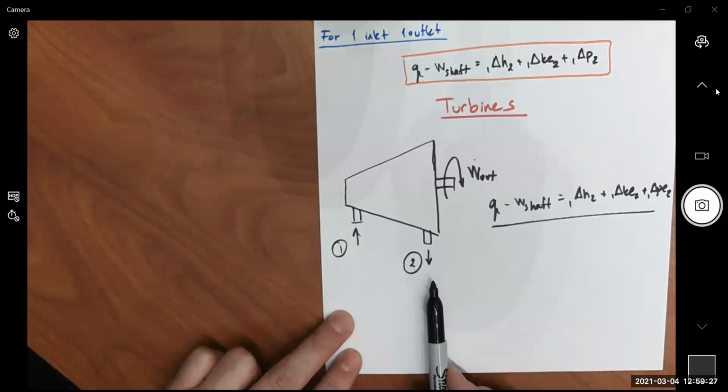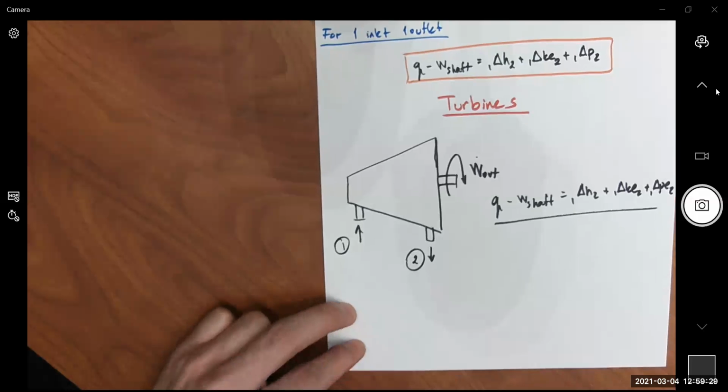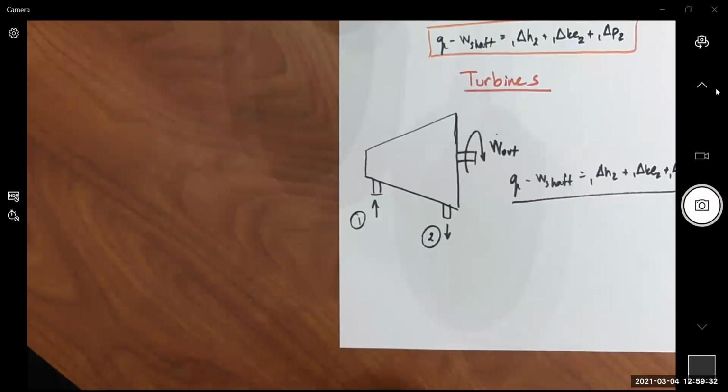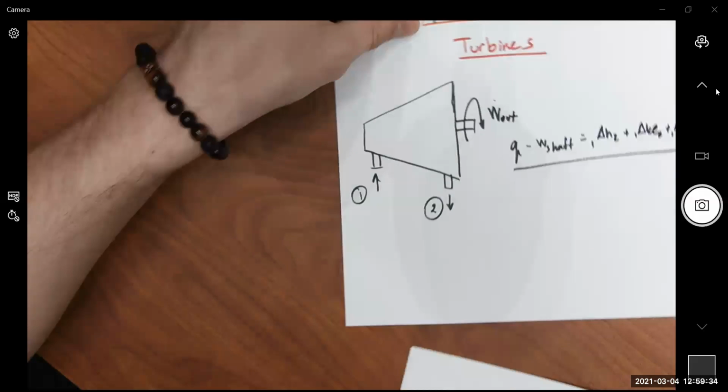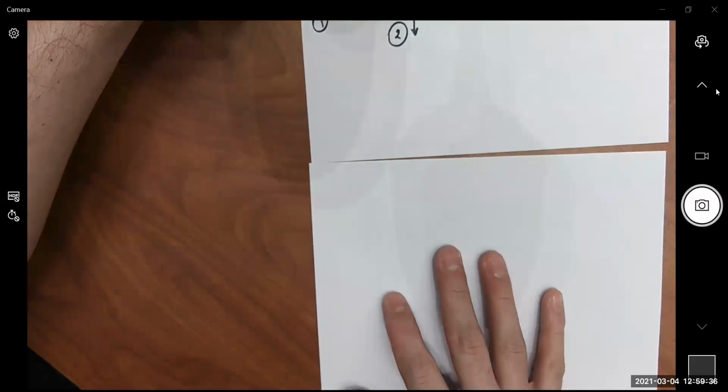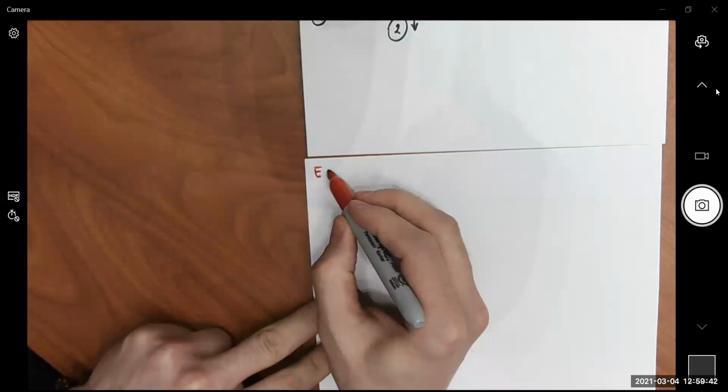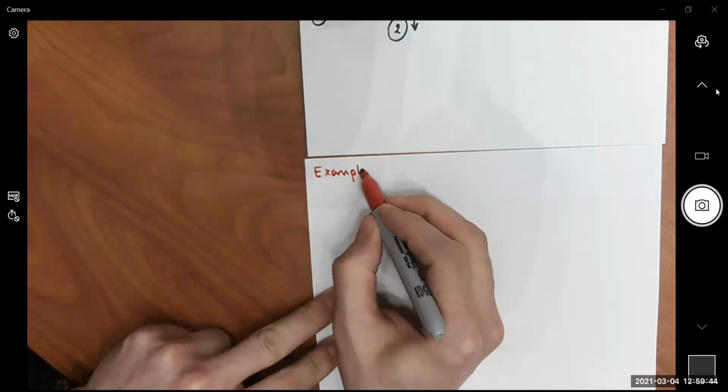Right? You may understand better if we do an example. Example.